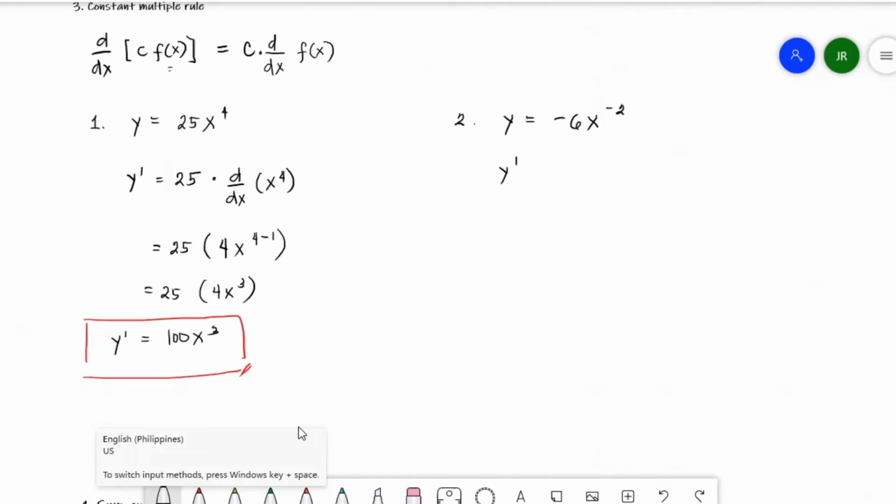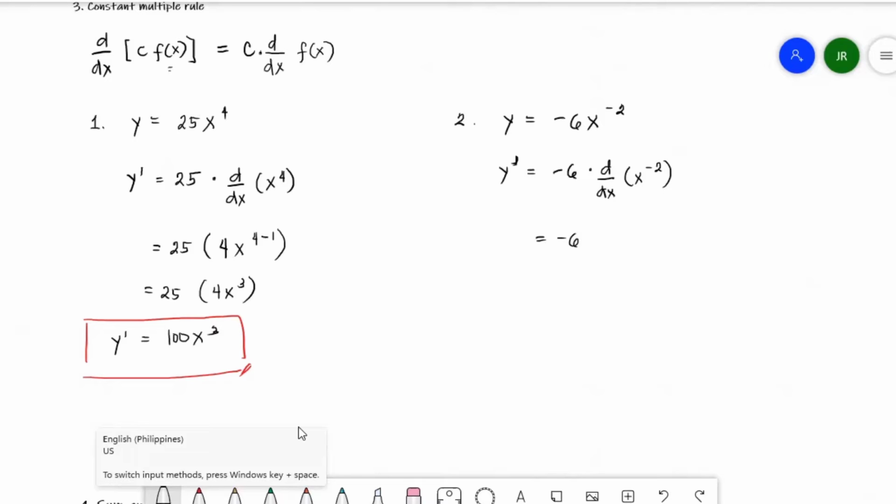So let's get the derivative. y prime is equal to, ilabas si constant, negative 6, multiplied by the derivative of the remaining factor, x raised to negative 2 with respect to x. That is equal to copy negative 6, derivative ni x raised to negative 2 with respect to x.